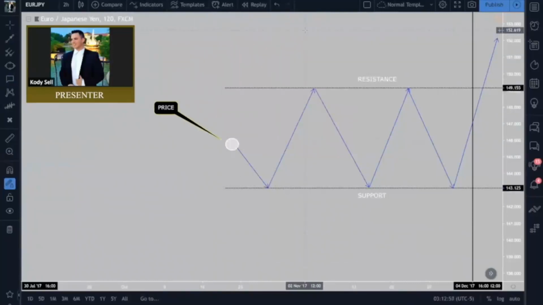So what happens is price will come down to a level that has historically acted as support that price then bounces from all the way up until it finds a level that price has historically rejected from. It's been held at. And then from there, price moves back to support.